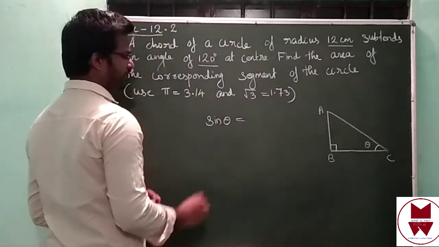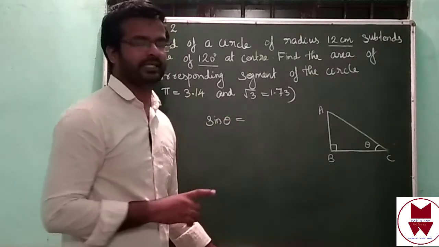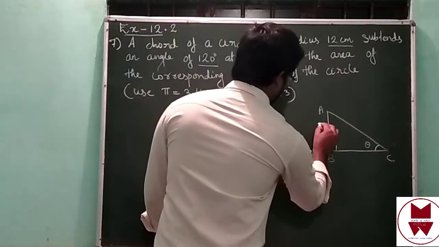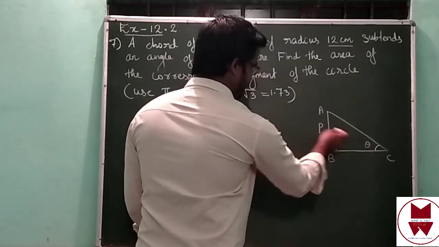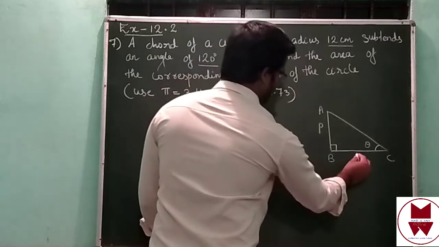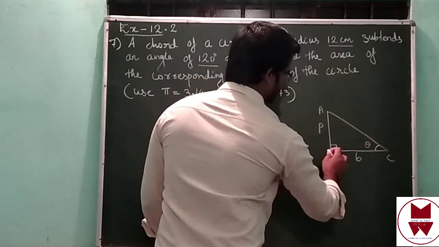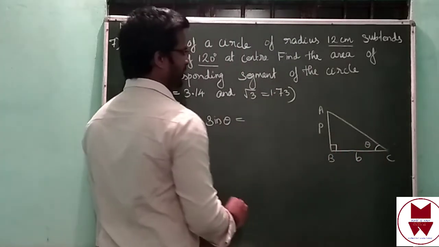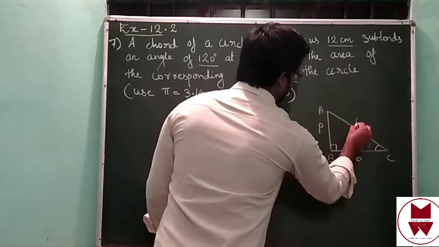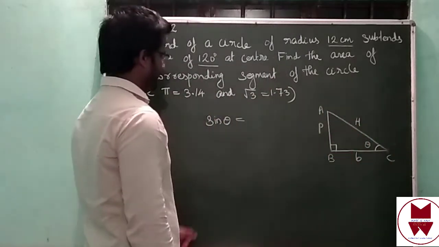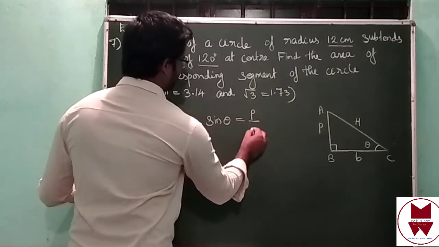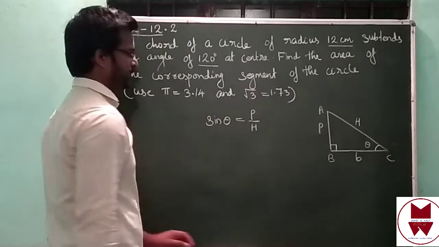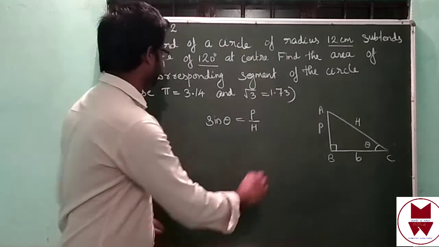Sine theta means perpendicular divided by hypotenuse. According to this angle, just opposite is the perpendicular. Nearby that theta, this line BC will be the base, and the longer side will be the hypotenuse.